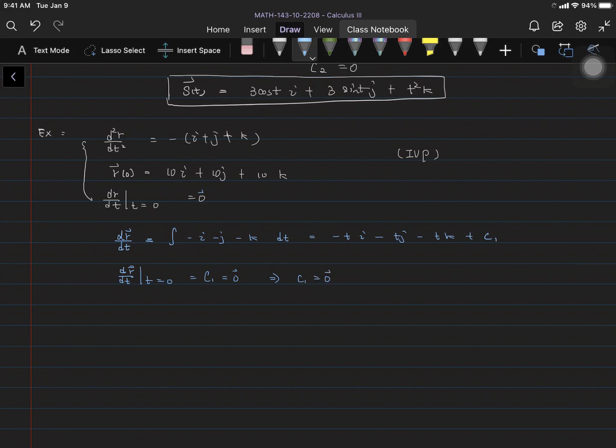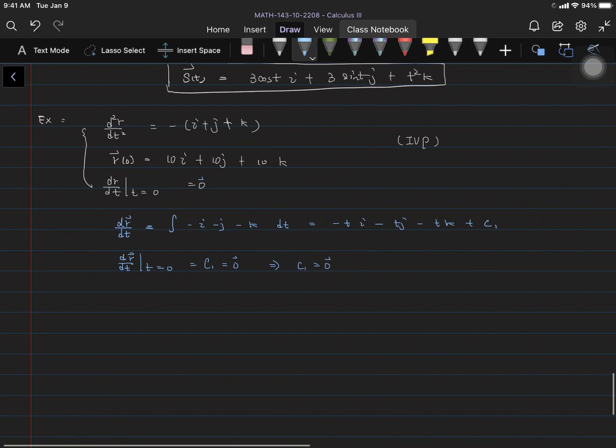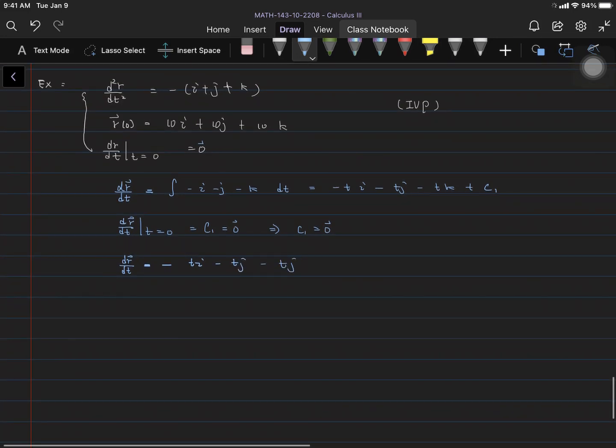Next, I'm going to write down dr/dt, plugging in c1, so negative t i and so on. Integrate this again and find r. So r(t) equals the integral of this dt.